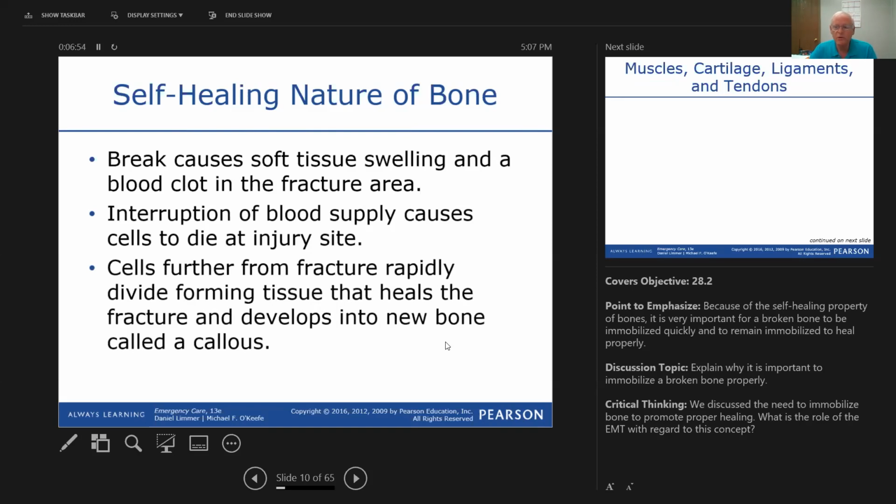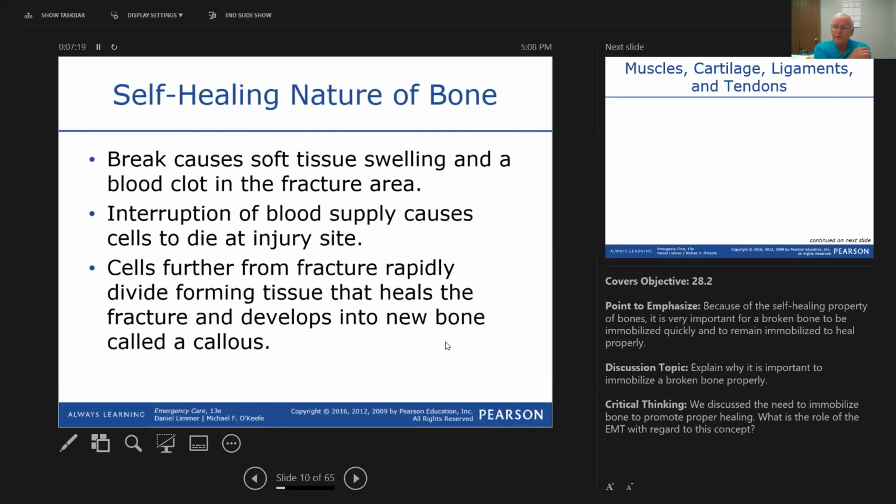And what happens is that periosteum, a little ways away from the fracture site, will start growing and go up over that blood clot and all around it, because it's three-dimensional. And then the new bone starts going in there and starts getting deposited. We call that formation of bone around a fracture site a callus.